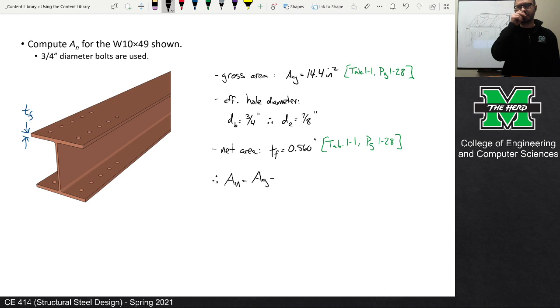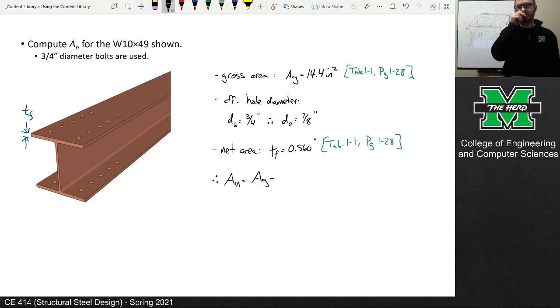So this is going to be 14.4 square inches minus 4 times 7/8 times 0.56. And then Trevor's saying that is 12.44 square inches.